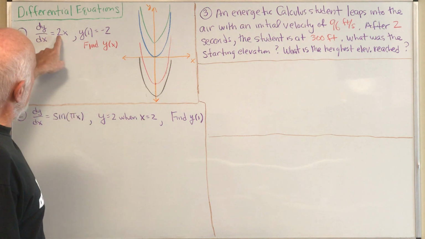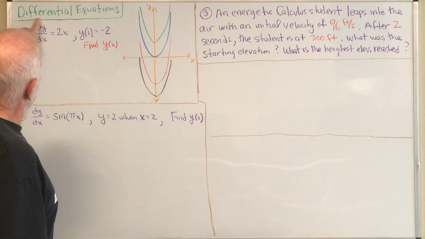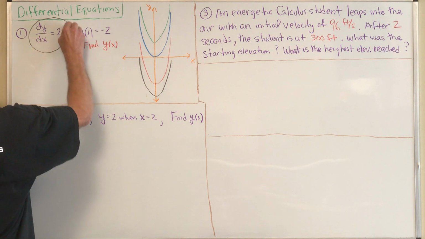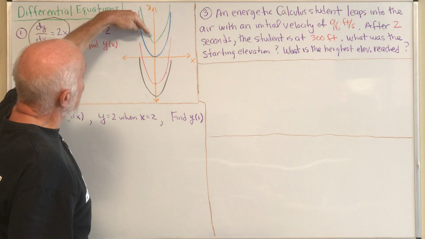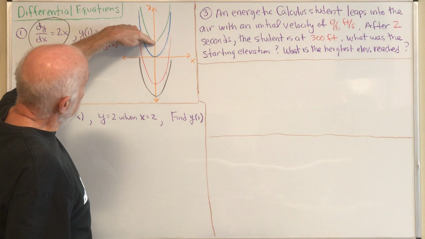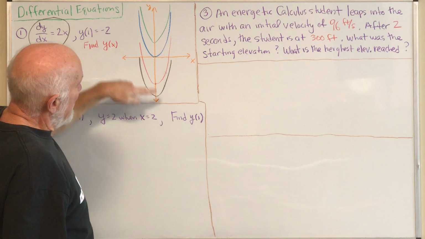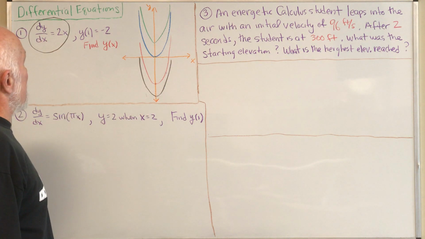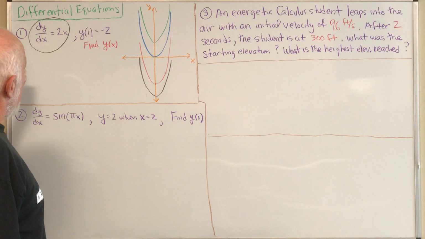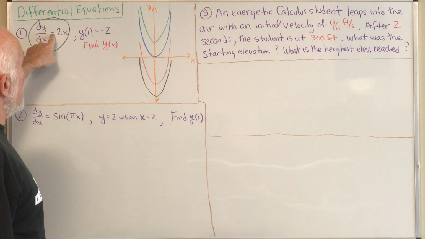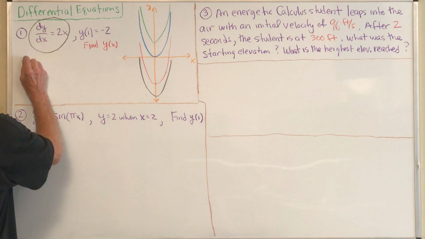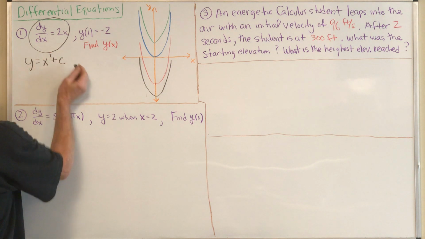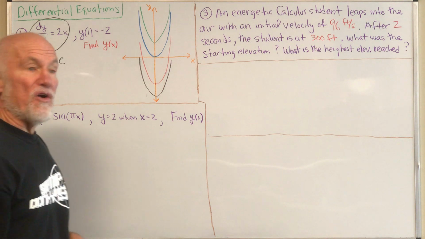That means the solution to this differential equation has an infinite number of solutions, and they all look like x squared plus 2, x squared minus 5. So if it just said solve this differential equation, the solution would be y equals x squared plus c, and that's as far as you'd have to go.